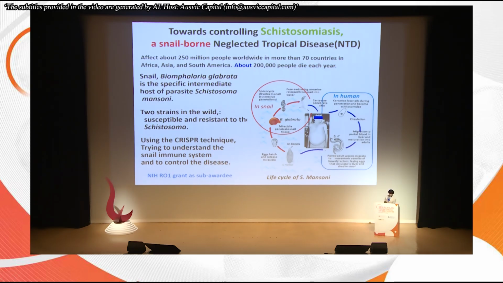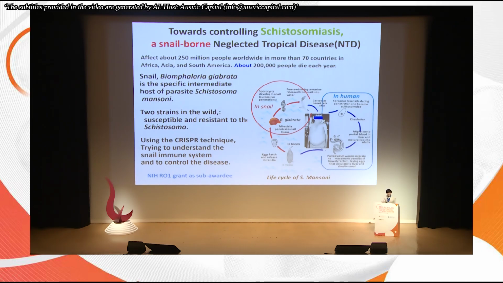From miracidia, it becomes sporocyst first, sporocyst second, then it changes to cercaria, and cercaria gets into humans just by going through the skin. So if you put your foot in fresh water where this lives, you've had it. So it's an incredible problem. But in the wild, there is some snail line which is resistant. It doesn't produce cercaria. Somehow the miracidia goes inside the snail body, but it seems dead inside.